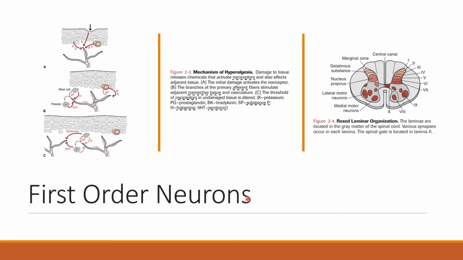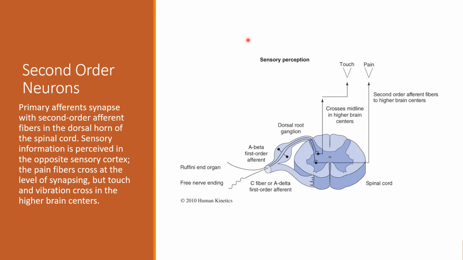They're then going to go up into the spinal cord, where they will interact with the second order neuron. So you can see here now we have the first order neurons coming in through the dorsal horn. Their cell bodies are in that dorsal root ganglion.